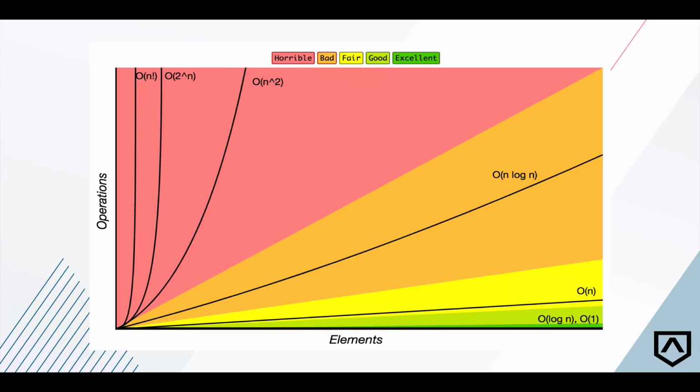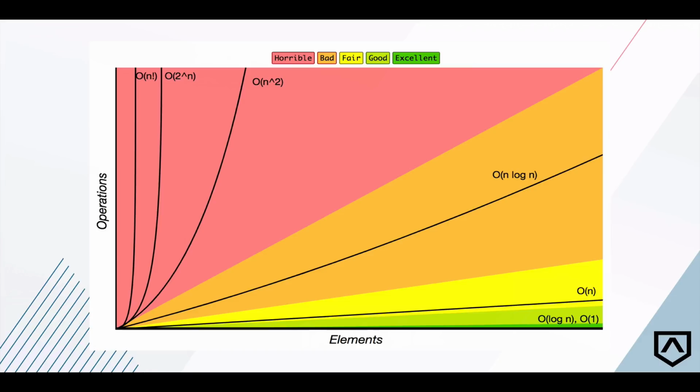Again, all of these are functions, so we can graph them out, and when we do that we're able to see the growth of those functions: as the number of elements or the input size grows, how many operations some arbitrary algorithm will need to perform.